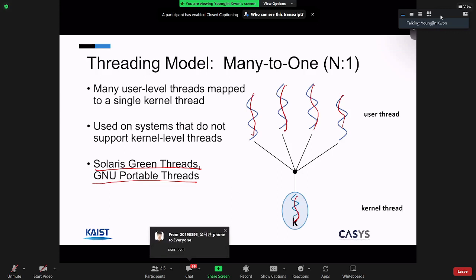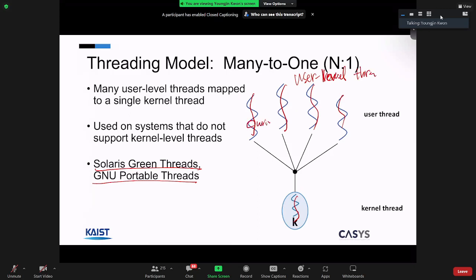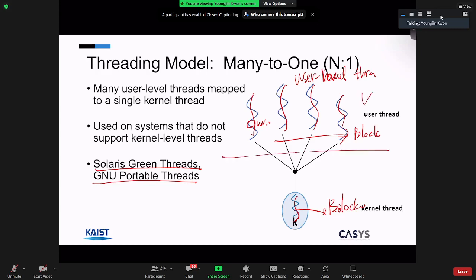If a thread makes a write system call, everything is blocked. That's the issue. But creation happens in the user level, so it has the benefit of user-level implementation, but instead leads to blocking. So what is the remaining one? We have one-to-one and many-to-one.